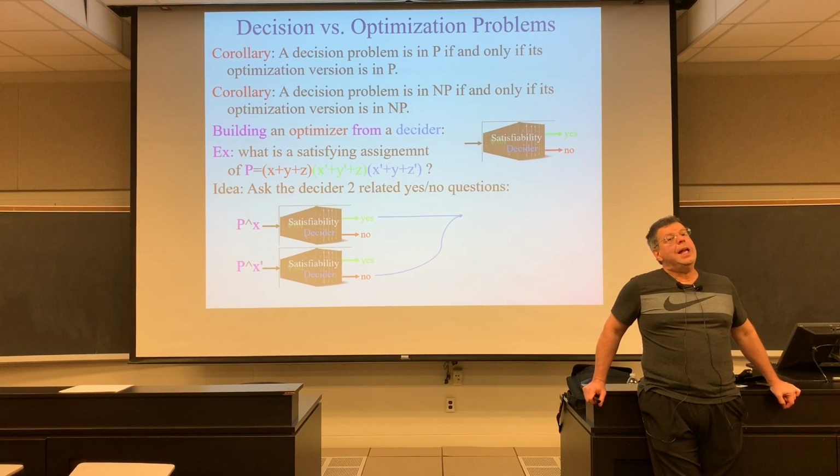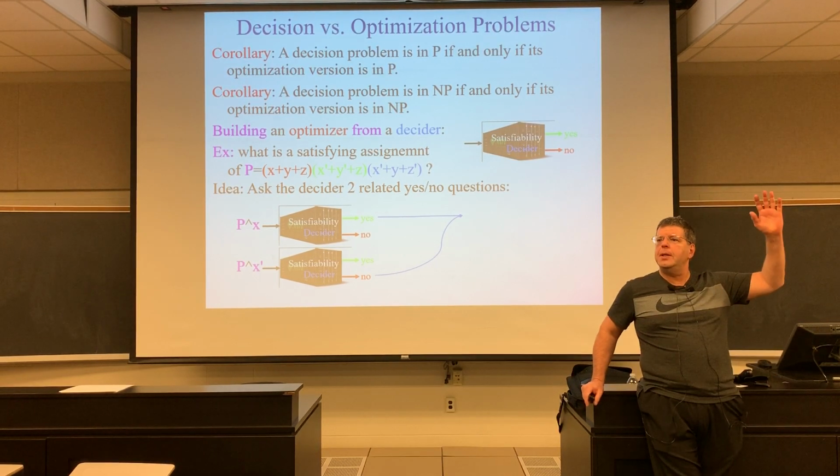So if P and X is satisfiable, and separately it says that P is satisfiable also. You call it twice, once with P and once with P and X. So what does that tell you about X with respect to satisfiability and P? It tells you that there is a satisfying assignment for P in which X is equal to 1, where X is true. How many understand that?